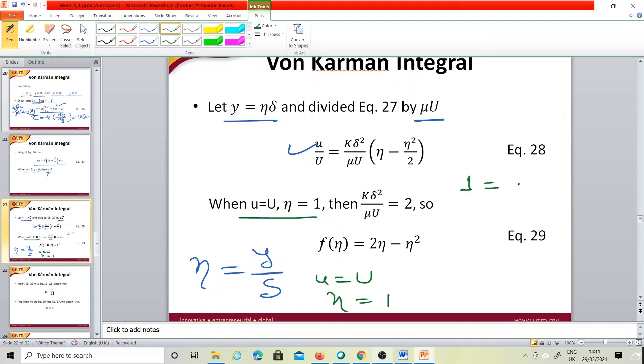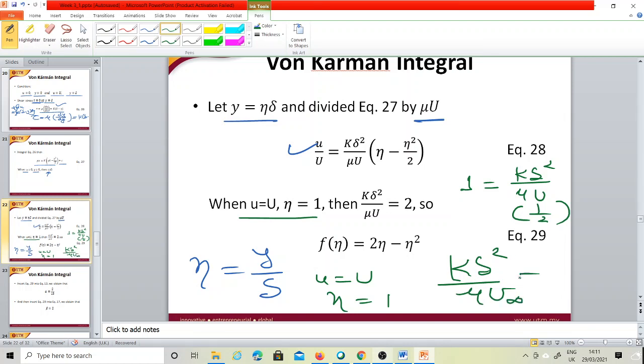you will have k delta square by mu U multiplied by eta is equal to 1, and this one minus this one is half, so there is a half. So it means that capital K delta square by mu U should be equal to 2.